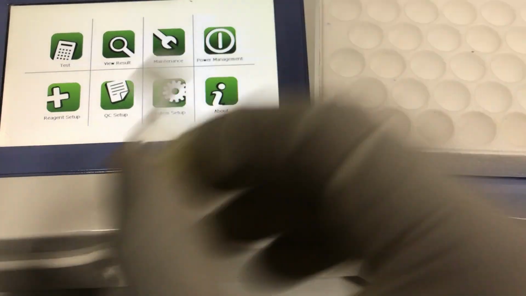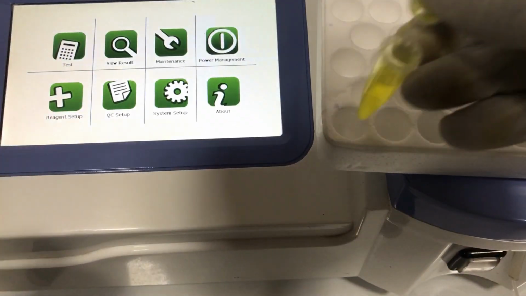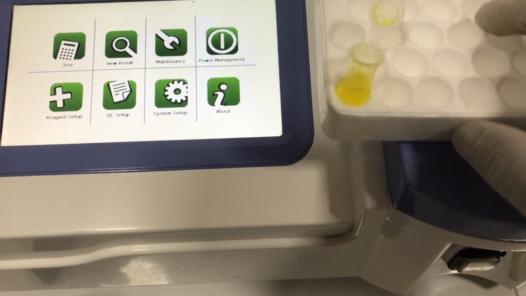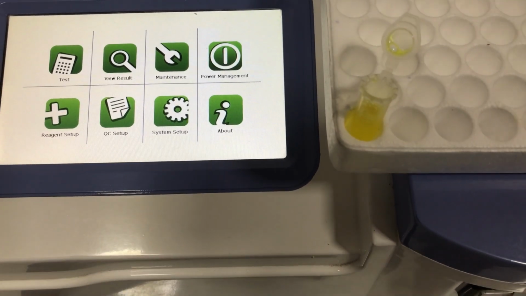So you close and then you mix by shaking it. Okay, so our working reagent has been prepared. What we need is our sample, and then we start testing.